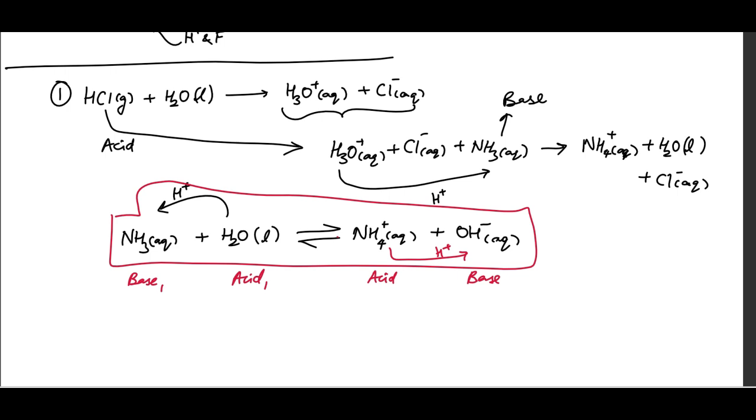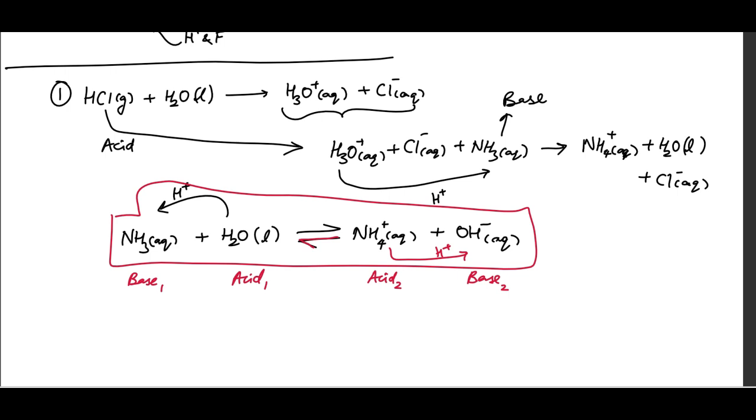But because it's a reversible reaction, the products are again converting back into reactants, and there is a dynamic equilibrium. So when products are converting back, you go from right to left. So NH4 plus to become NH3, it has to donate a proton. Therefore, it is an acid 2. And OH minus is accepting a proton and becoming H2O, so it is a base.